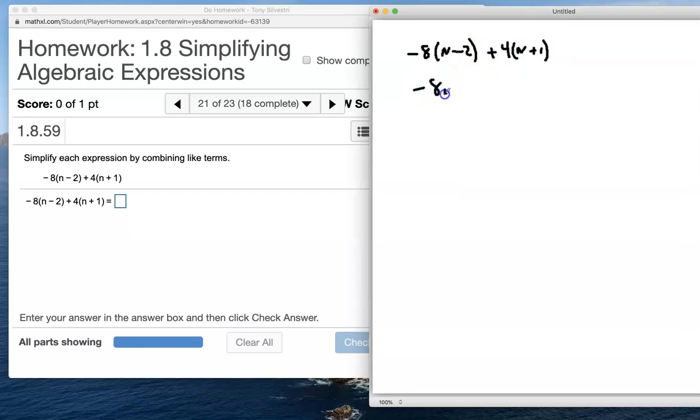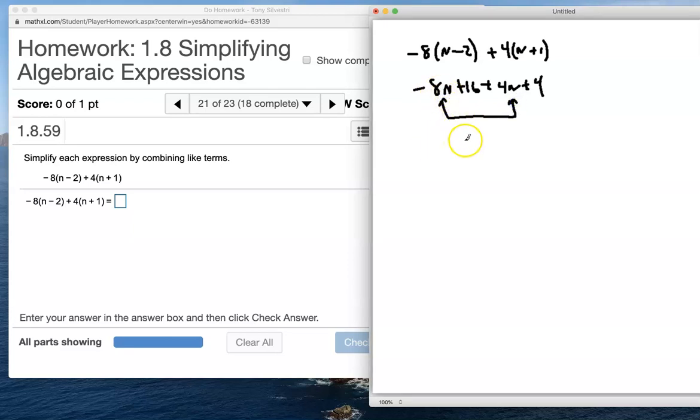Negative 8n. Negative 8 times negative 2 is 16. Plus 4n plus 4. Now, once you've liberated all the terms, you can combine them.